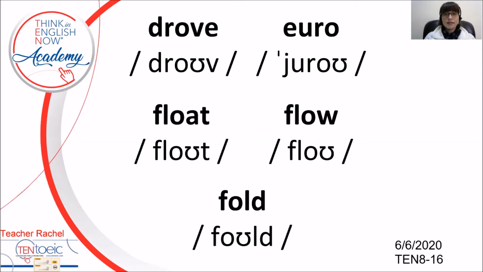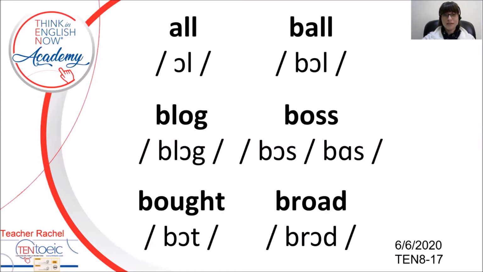Fold. This is an action. For example, if you have a piece of paper, you fold the paper. You fold it closed. Or you can maybe fold your clothing when you put it away. I fold my shirt before I put it away.